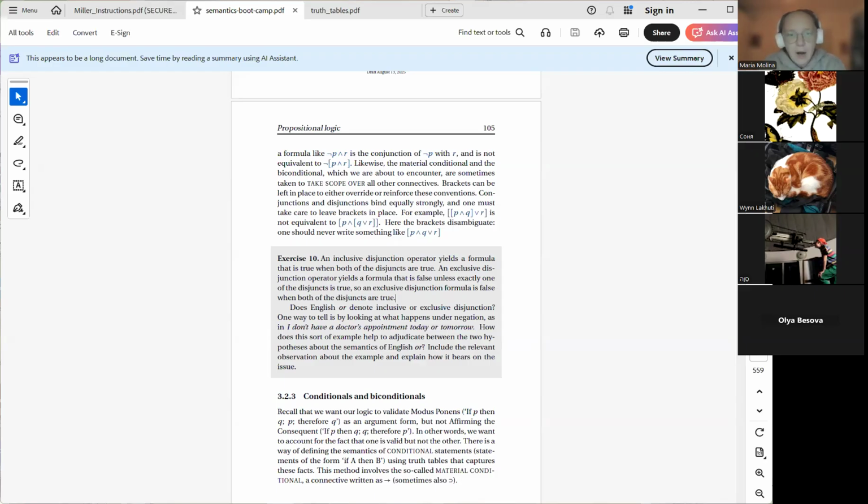The difference. Okay, now, is or in English inclusive or exclusive? For example, you can have tea or coffee. Exclusive? Can you have both?